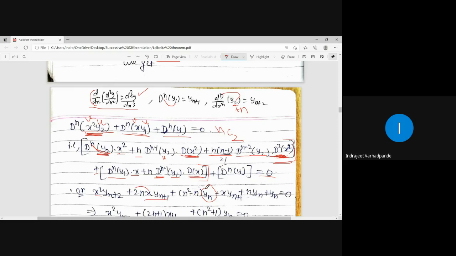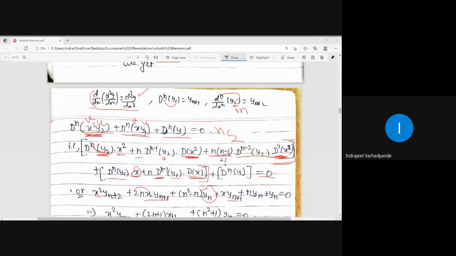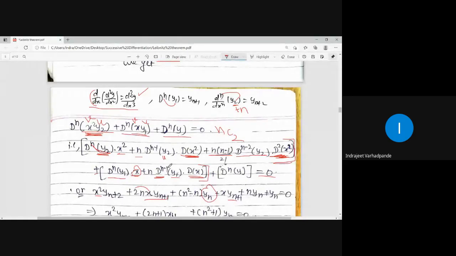This bracket over, plus dn of y1 will give yn plus 1, into x. What is n minus 1 plus 1? n minus 1 plus 1 will be yn.